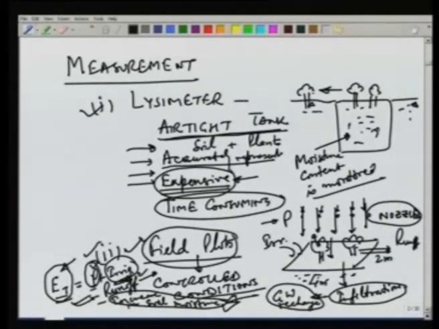Then measurements typically are either not very easy, or they are time consuming, or they are expensive. So, generally people have gone for empirical equations in which they have studied over a certain area the amount of evapotranspiration and tried to correlate it with the factors on which it depends. For example, the type of crop, the growth of crop, and the sunshine hours.